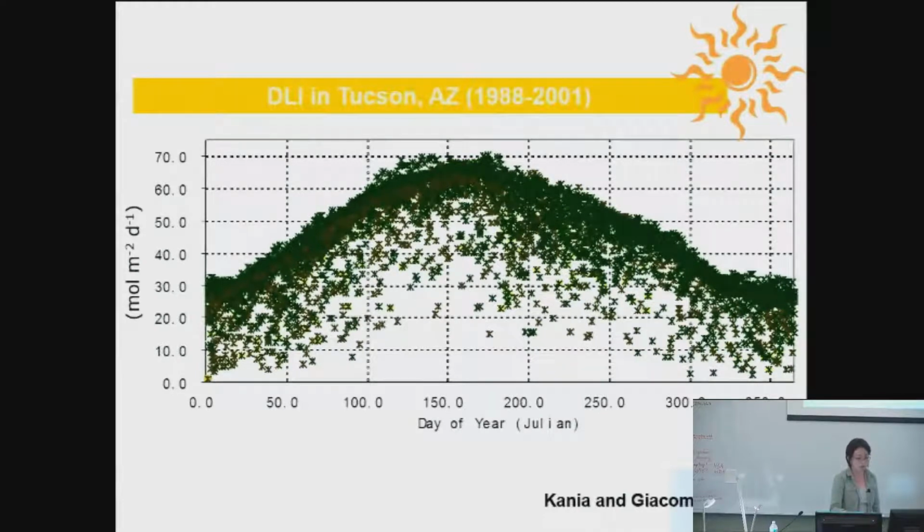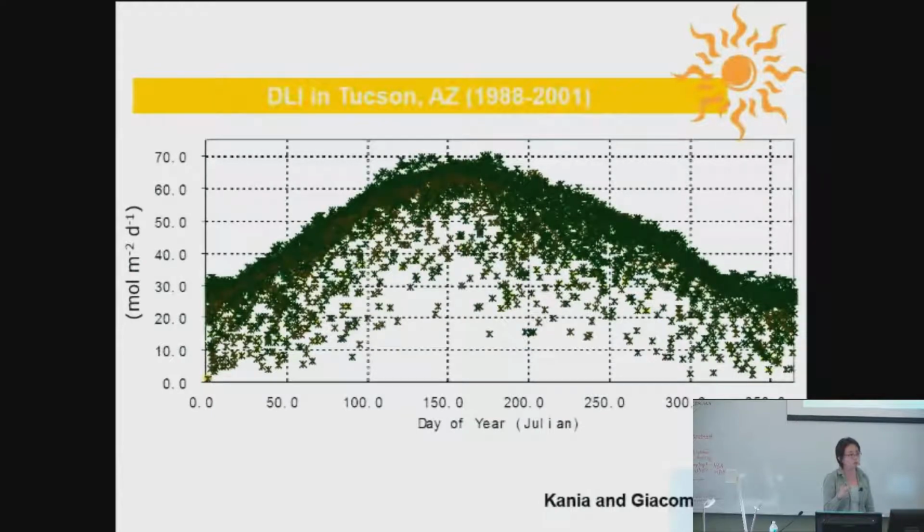Dr. Giacometti and his staff member did this conversion from the recorded value in the weather station. Weather station doesn't use micromoles, which is really a bummer, but they use watts per square meter. So you need to change the unit by knowing the approximate conversion.